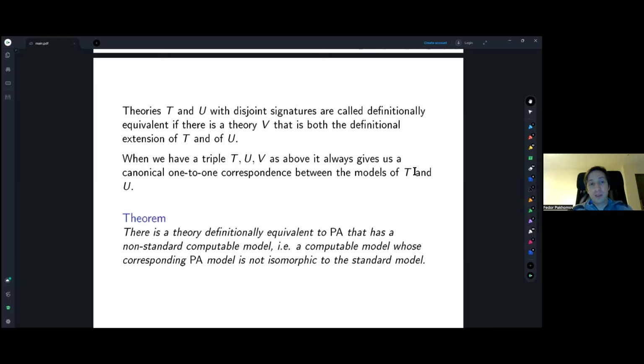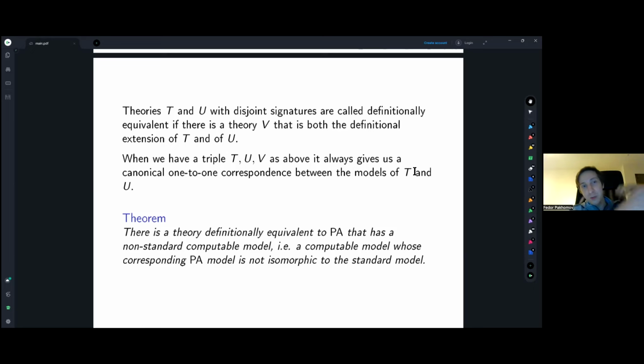We say that two theories are definitionally equivalent if they could be extended to a joint definitional extension. This basically means you have two theories, and we assume that the signatures are disjoint. You could define in one theory some additional predicates that give you the other theory, and vice versa.